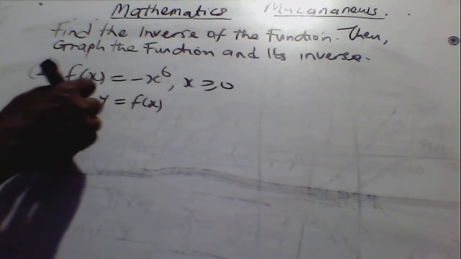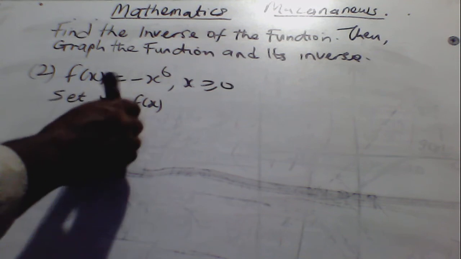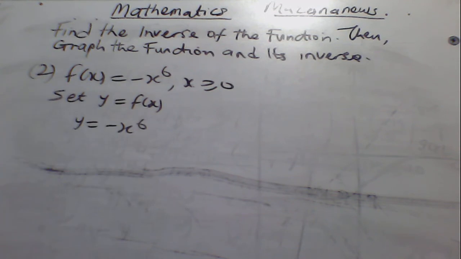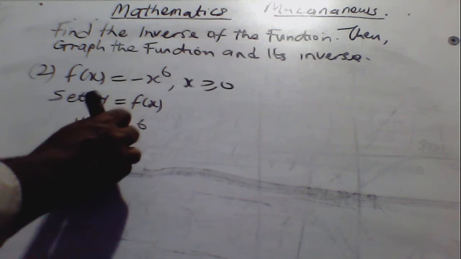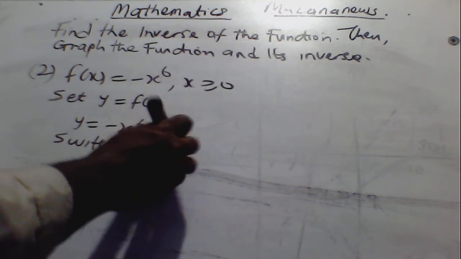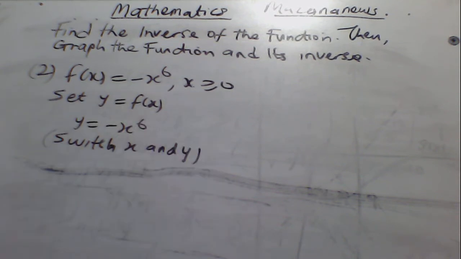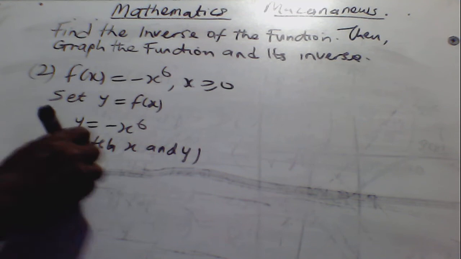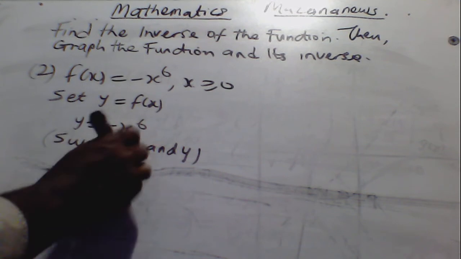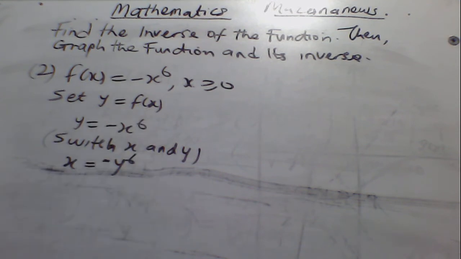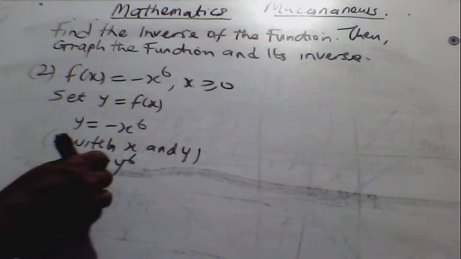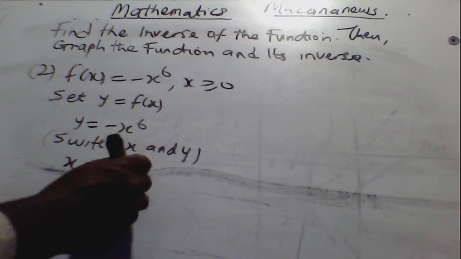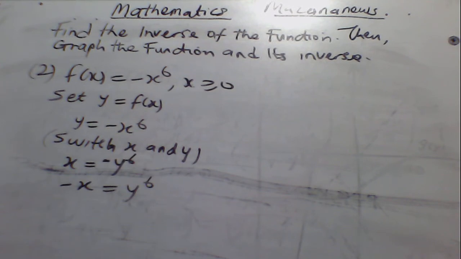So this will give us y equals to minus x raised to power 6. Switch x and y. So this will give us x equals to minus y raised to power 6. Then multiply each side by minus 1, a process we have done before. This will give us minus x equals to y raised to power 6.